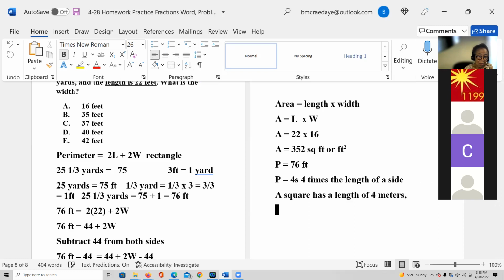Now I want you to tell me two things. What is the perimeter of the square, and what is the area of the square?